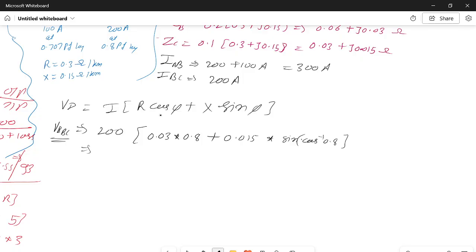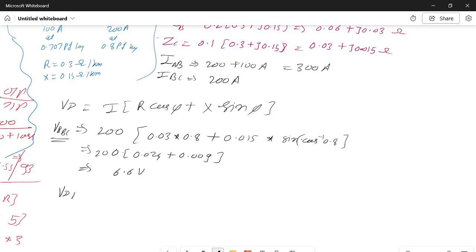After solving this we get 200 into (0.024 plus 0.009). So finally you get 6.6 volt. This is the voltage drop between B and C.